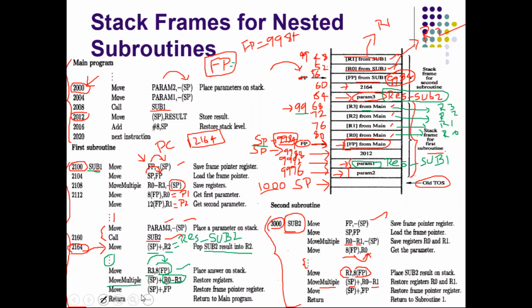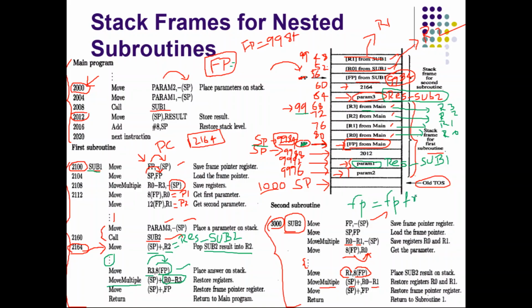That is the content of SP. What is the content of SP? Whatever the older frame pointer value of main was, that is now moved to FP. So FP is no more 9984. FP will hold whatever the frame pointer value of main was. We don't know that address, but some address it will be, whatever the frame pointer from main.